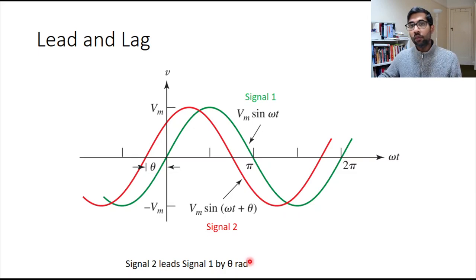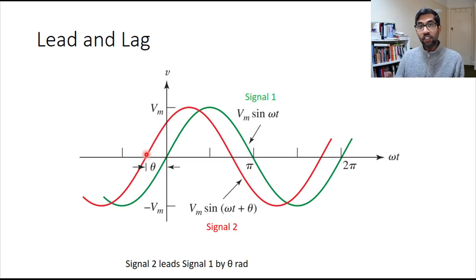Okay, so one way to think about this would be to say, where does signal 1 reach a particular value? Let's say 0. It reaches it at t equal to 0. At what time does signal 2 reach 0? Of course, it reaches it at minus theta over omega. I mean, you can calculate that.